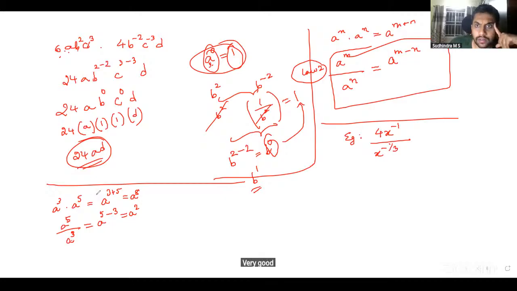Very good. Kaushal, Ganavi, Jeevan, Tanushri, Sahana. Correct answers. Vikshita B, I think you have not typed completely. Pranav, correct.